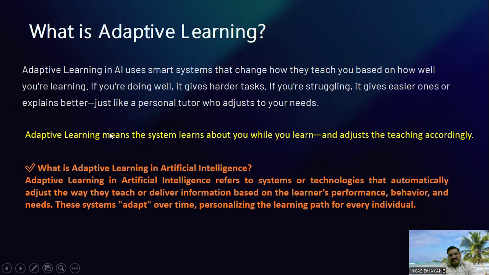So in short, what are we getting from this whole technical definition? Adaptive learning is nothing but making changes or adjustments in the learning as per the feedback or response from the learners, or we can say as per the understanding of the student, if you take the teacher-student relationship.